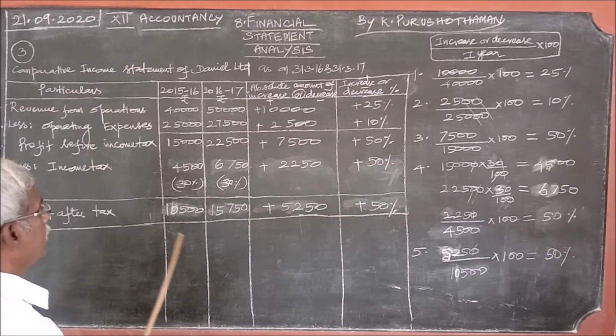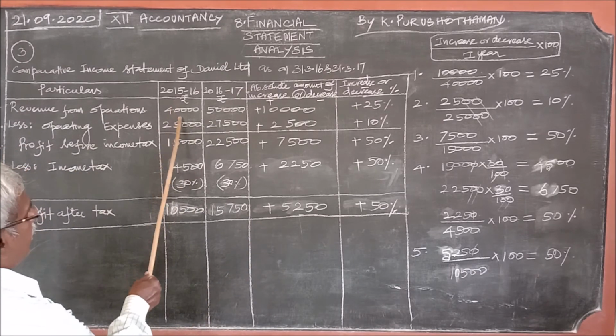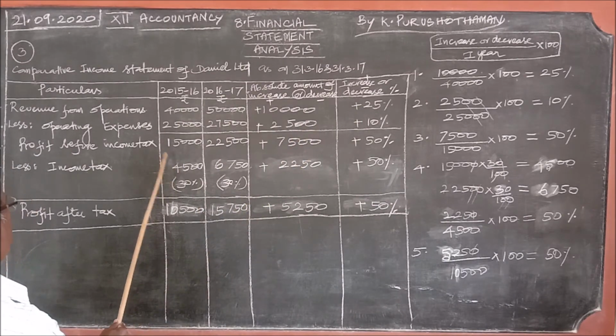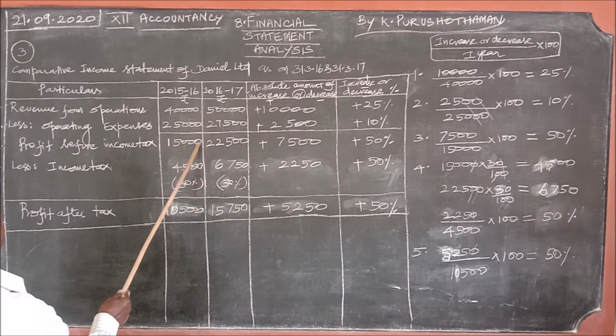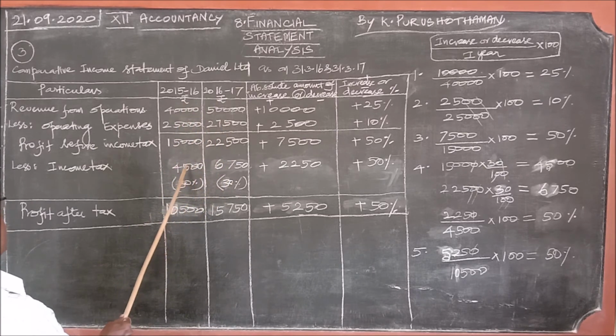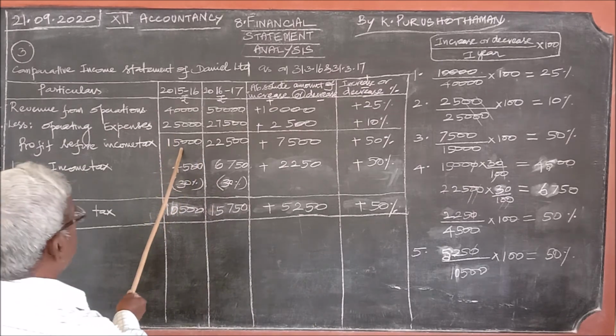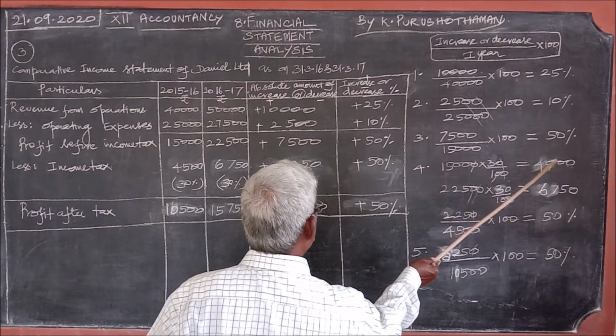First thing, for income tax, we have two types of calculations. We cannot go straight away like this, the increase. First, we should find what is the amount of income tax. Income tax amount has to be found out. The rest is ready here. But in this one only, we should find from the percentage. So for 15,000, 30%, 4,500.